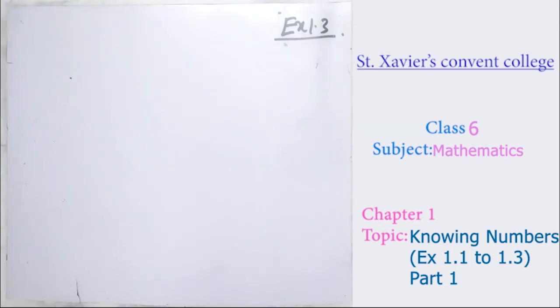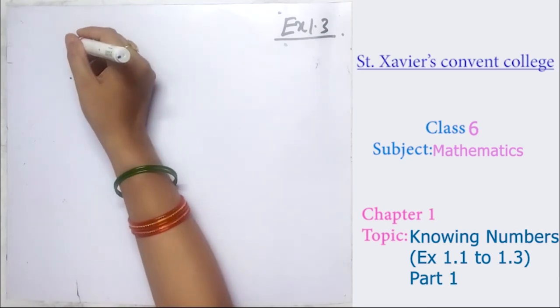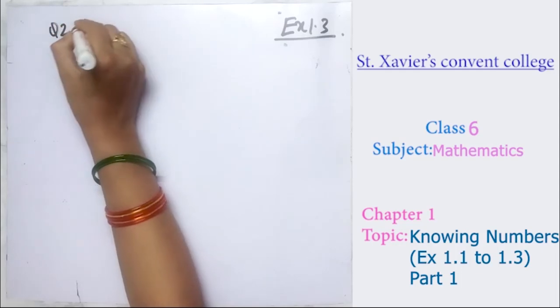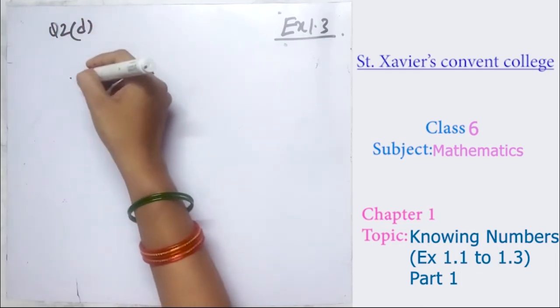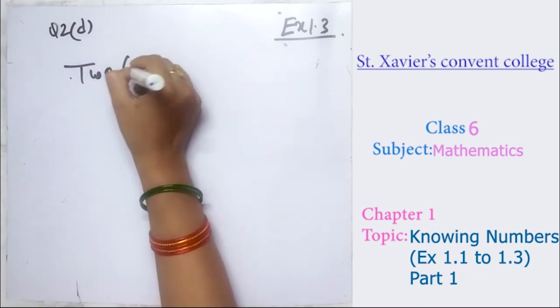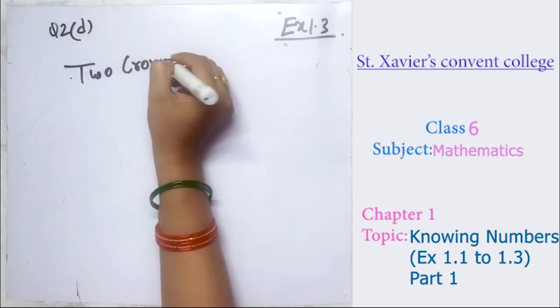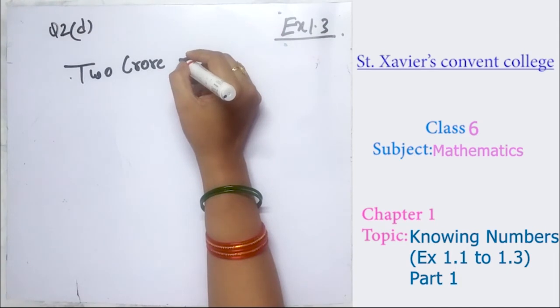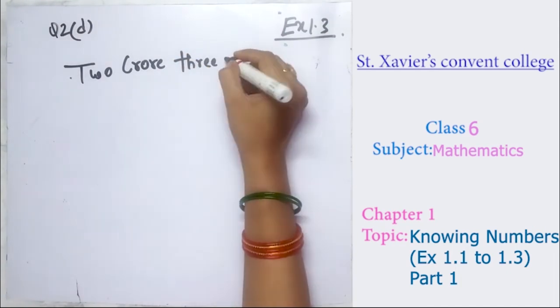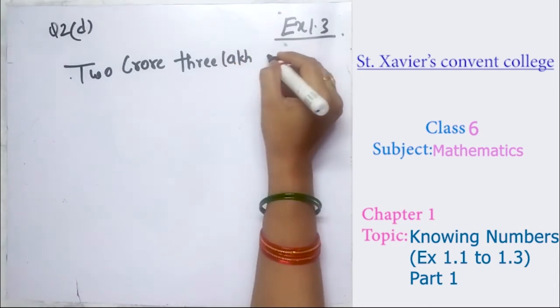Now here we are discussing the question: write the given numbers in figures. You have to write the given number in figure form. The question is question number 2, part D, and it says 2 crore 3 lakh 600.